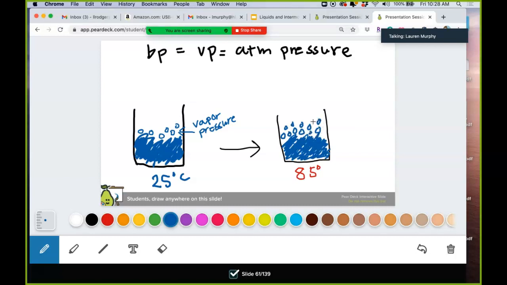Now, water's not boiling yet, right? Because we know water doesn't boil till 100. However, if you supply more energy, more of the molecules will be able to escape into the gas phase. So that means we have more vapor pressure, right?